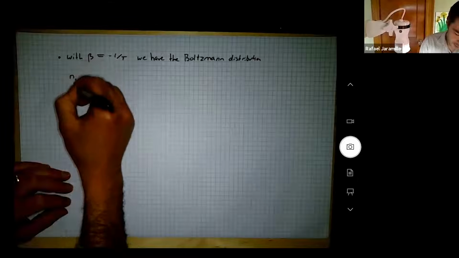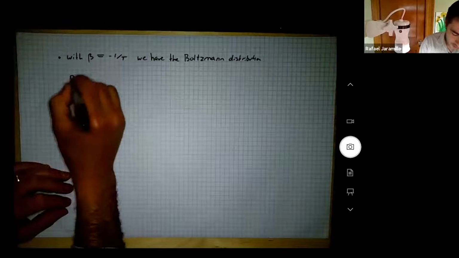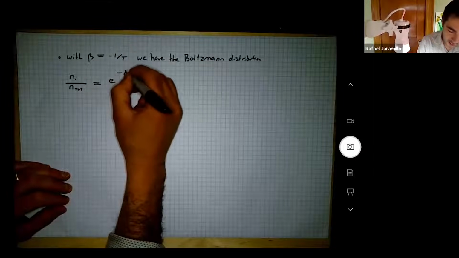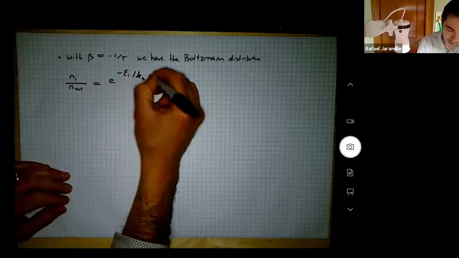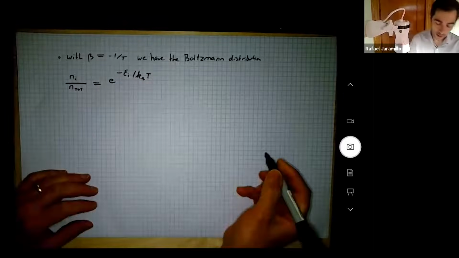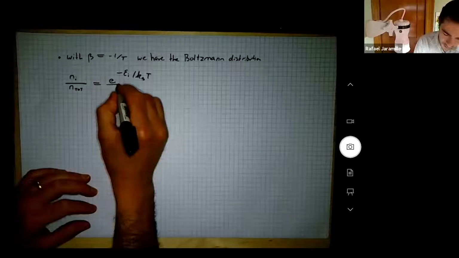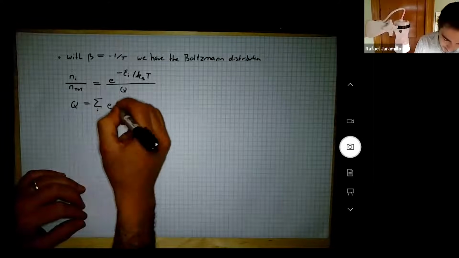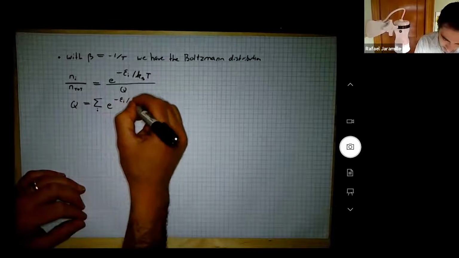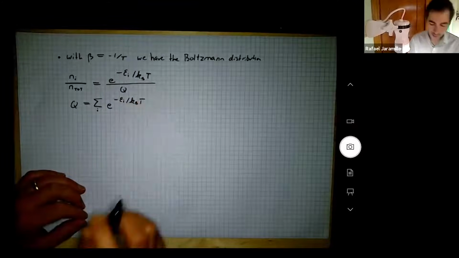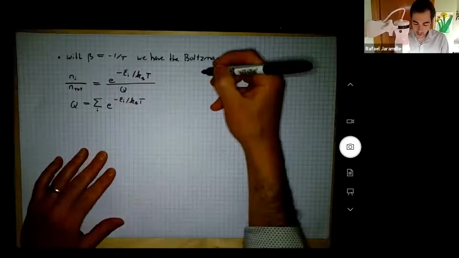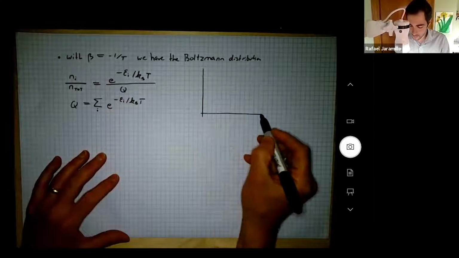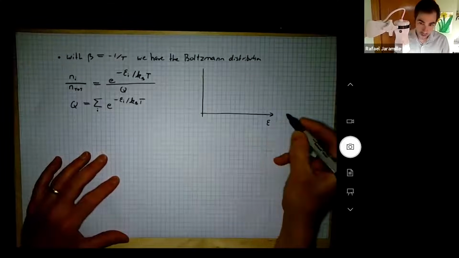Number of particles in state i normalized by the total number of particles equals e to the minus epsilon i over kB T, normalized by the partition function, where the partition function equals the sum over all states of e to the minus epsilon i over kB T. And this generally has a falling exponential form with state energy.